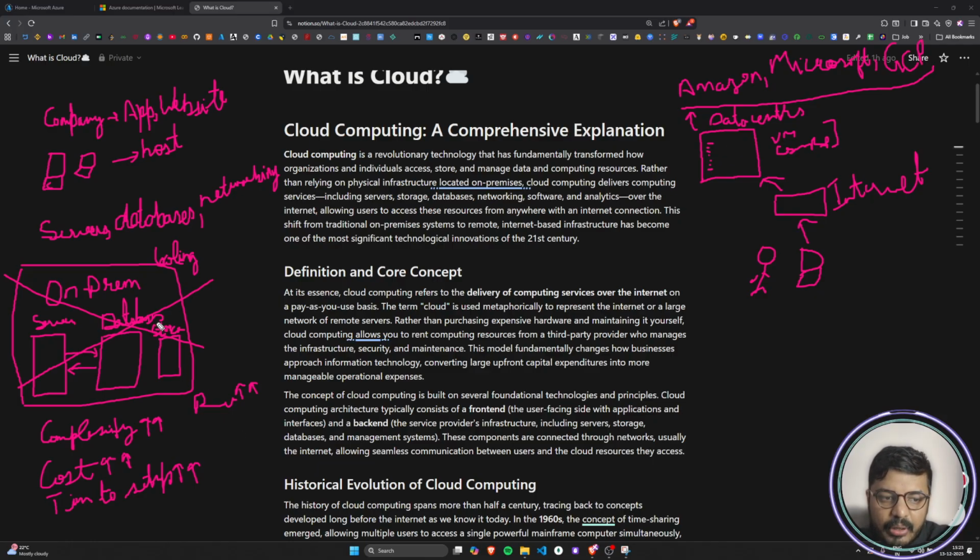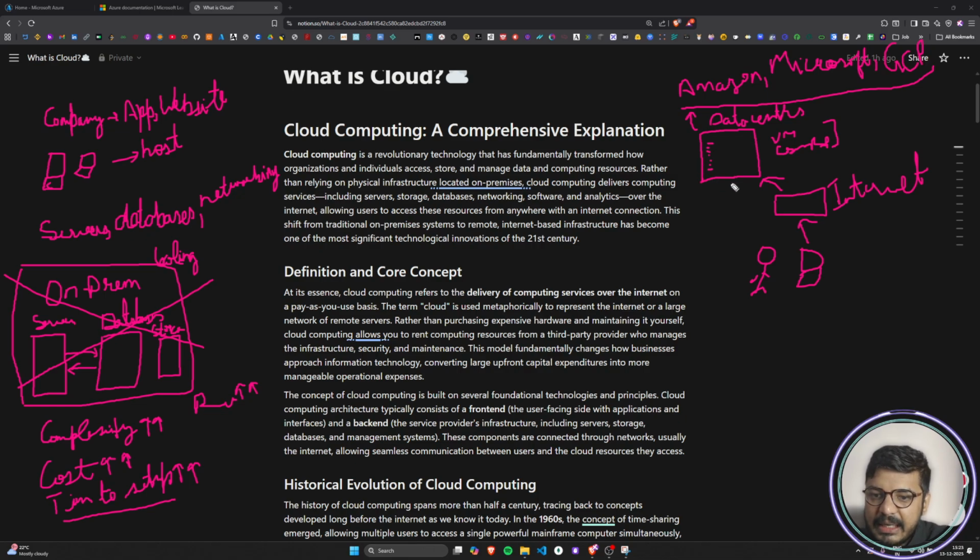So complexity is low, and I am emphasizing that, as compared to this on-prem infrastructure. Cost is very low. Time to set up again is very low. We just have to sign up, provide a few credentials, and then we can just log in and start using the resources. And the maintenance cost is near about zero for me.